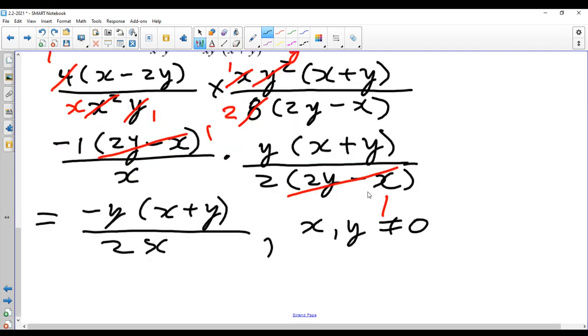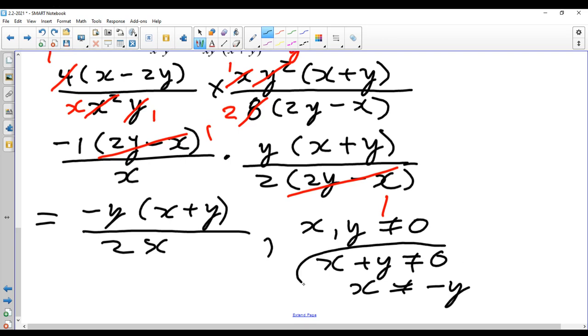Okay, he's right. X plus y cannot be equal to 0, or another way of saying it is that x cannot be equal to minus y. These are both equivalent statements, right? I don't need to put both of them because really both are saying the same thing. I just rearranged it.